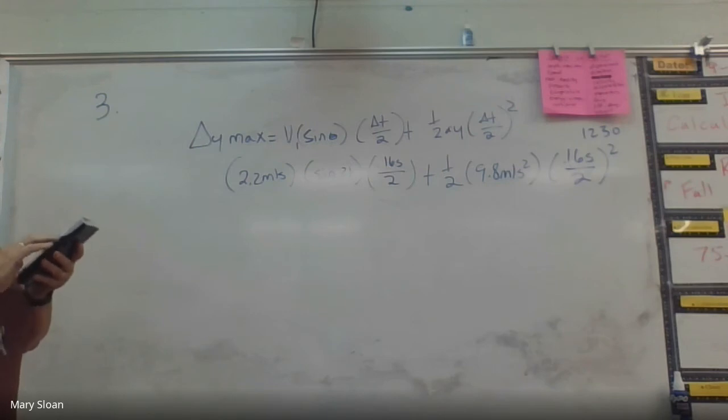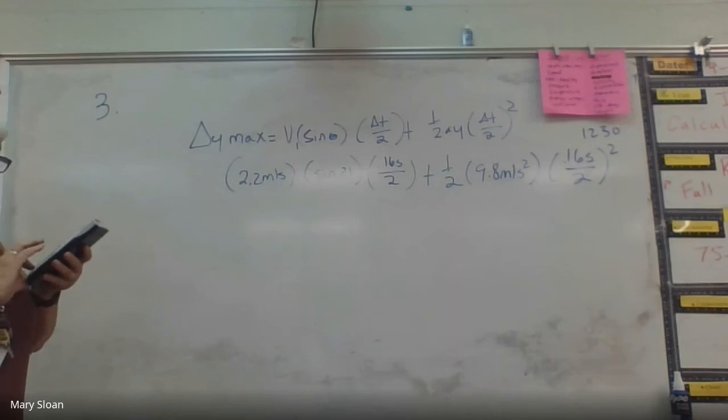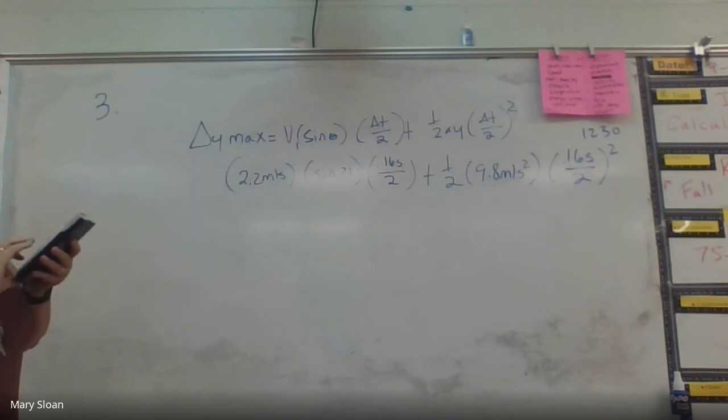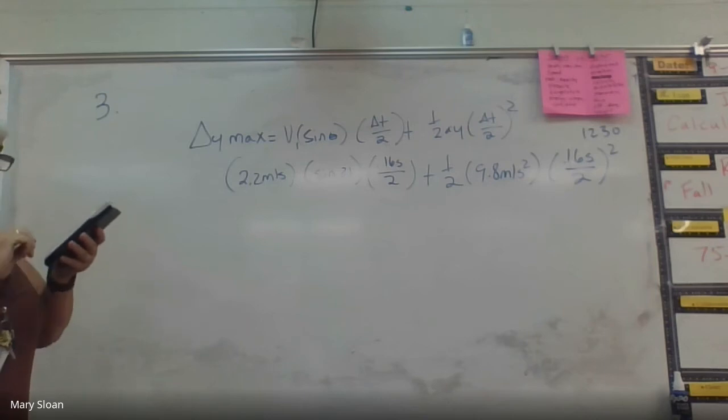We do square the last. Yes, ma'am, you do. Because that is not a unit of measurement. That is in the formula itself. Is the square in the... It is on the outside of this 0.16 divided by 2.